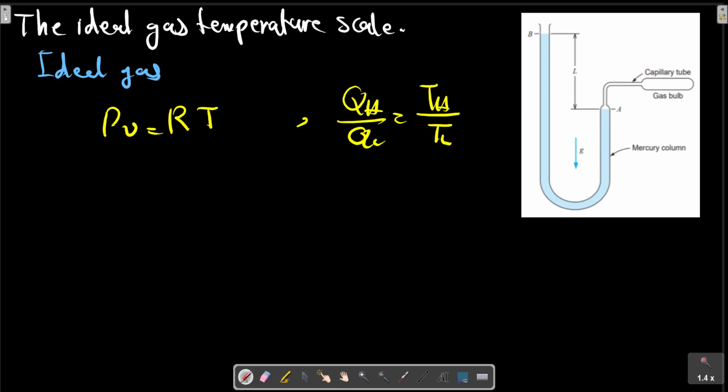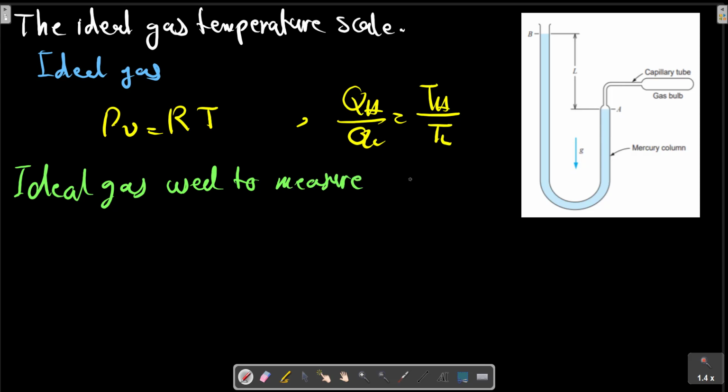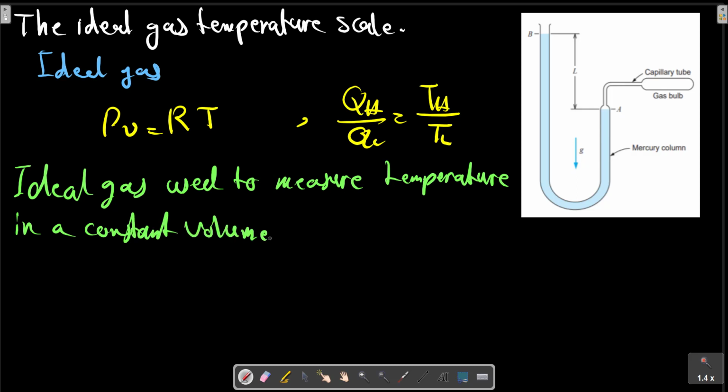In this picture, consider an ideal gas used to measure temperature in a constant volume gas thermometer. So we have a thermometer here.